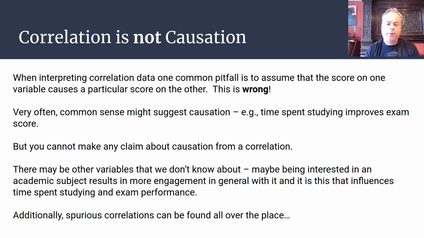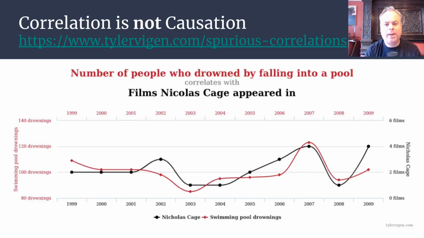Okay, and if you look out there in the real world, you can find spurious correlations absolutely all over the place. There's a great website called Spurious Correlations, which lists some of these bizarre and very entertaining, in many cases, correlations. So here is an example: the number of people who drown by falling into a swimming pool correlates with the number of films that Nicolas Cage appeared in any one year.